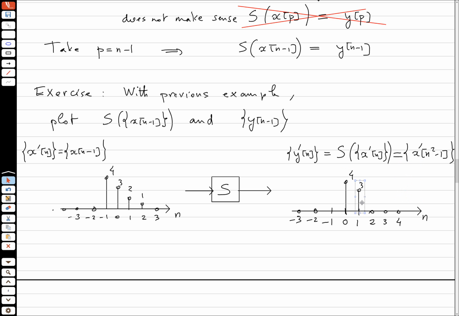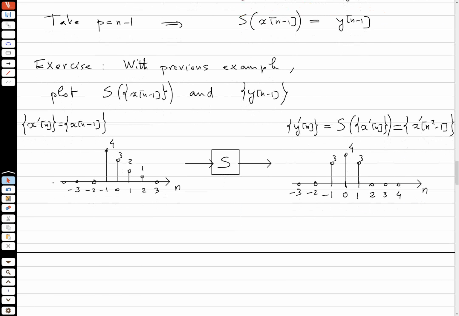At minus 1, at 2, it's still 0 at 2, because it's x prime of 3, still 0. All right, so this is what you get, okay? y prime of n is like that.